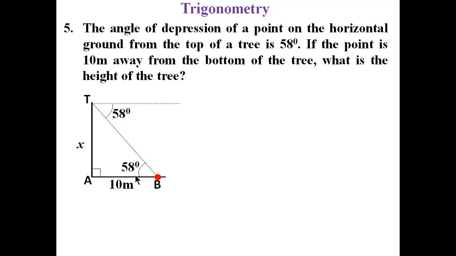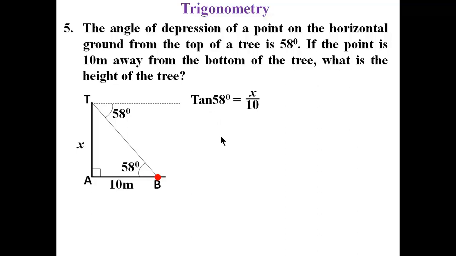So here we shall combine the opposite and the adjacent. That will be giving us tan 58 degrees, which is equal to opposite over adjacent. Opposite is x, and our adjacent is 10. So we find tan 58 degrees.